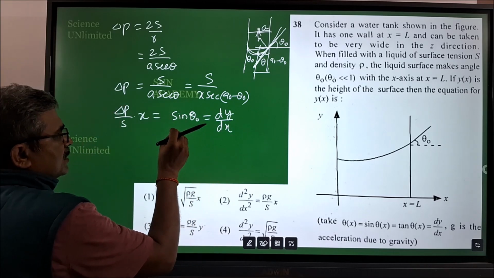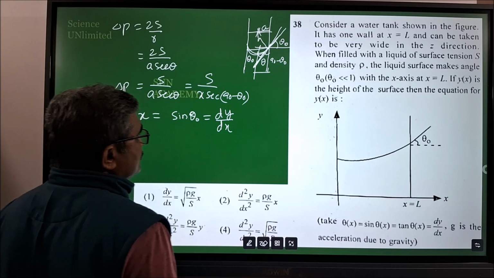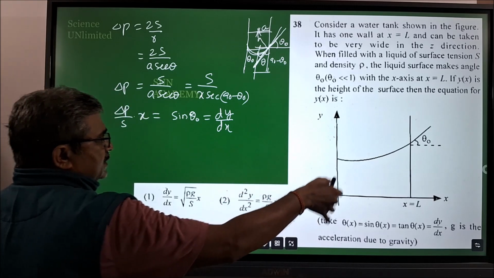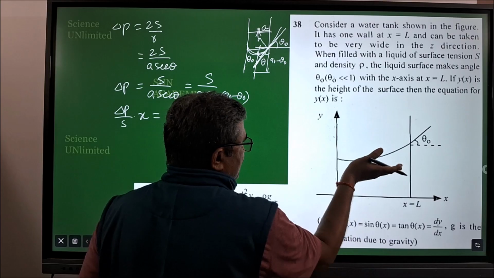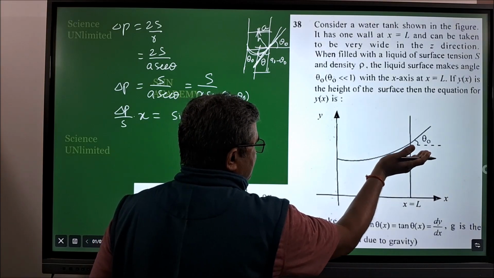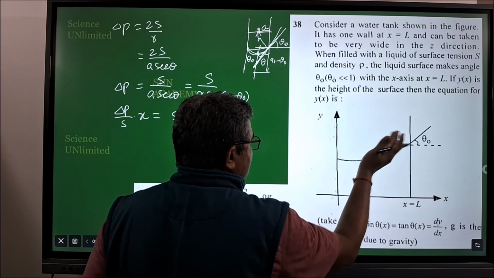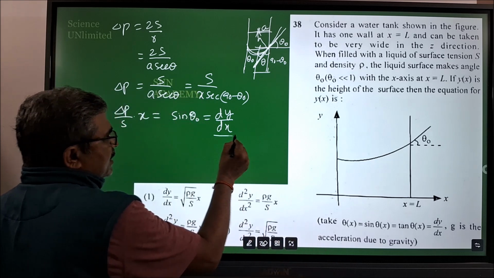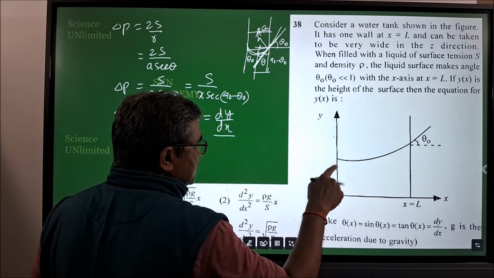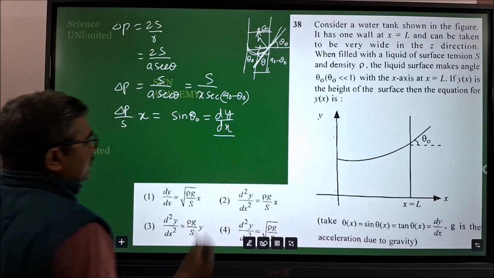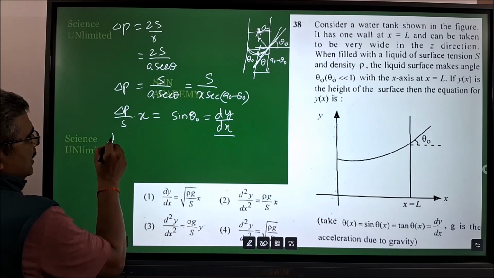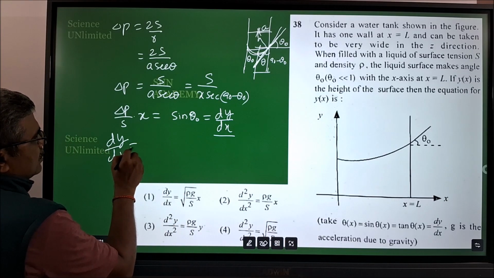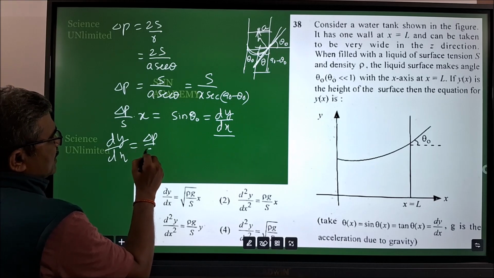Sin theta naught is approximately theta naught, and that will be dy by dx, since as you go forward, if you increase x, y is also increasing. That angle depends upon the rate dy by dx. So dy by dx is equal to delta P by S into x.